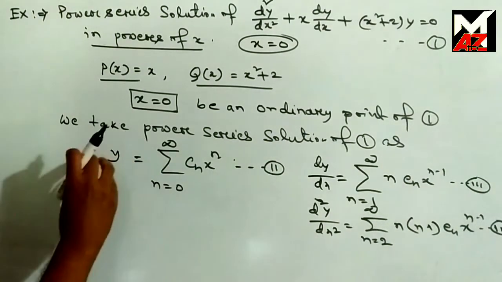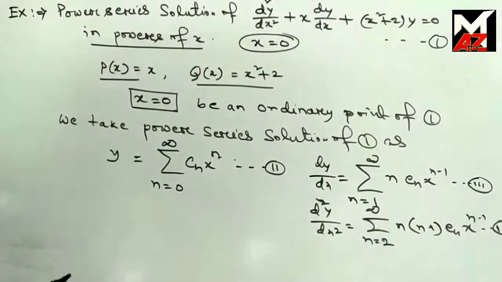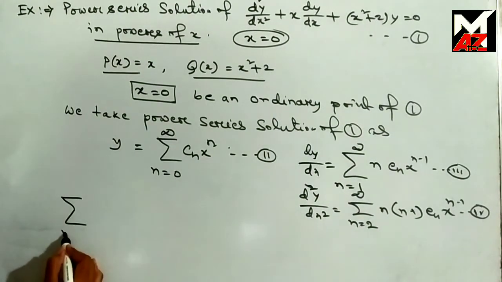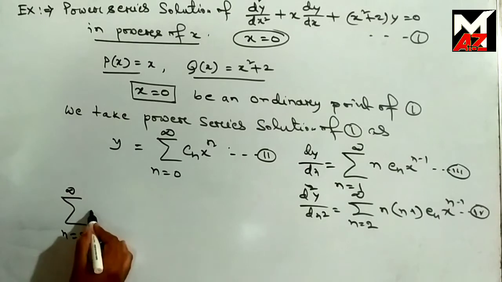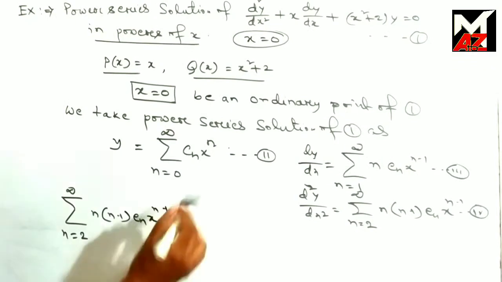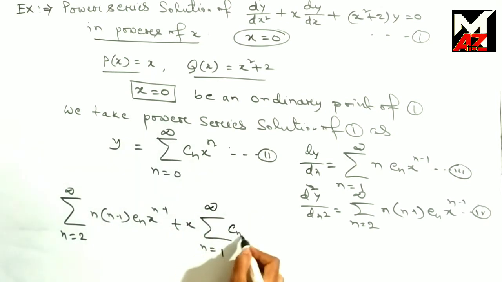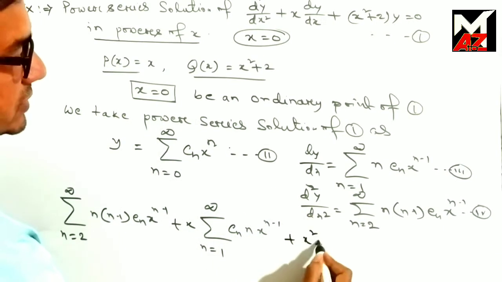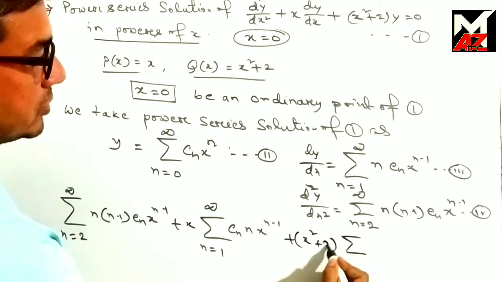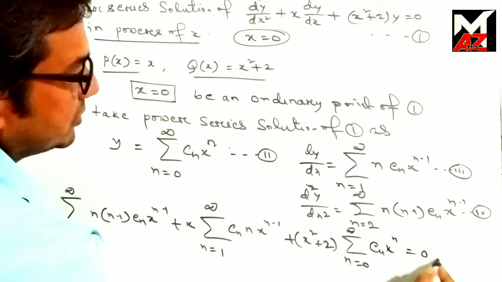Now we put y, dy dx and d2y by dx2 in 1 and we get the result as summation n equal to 2 to infinity n into n minus 1 cn x to the power n minus 2, plus x into summation n equal to 1 to infinity cn into n x to the power n minus 1, plus (x square plus 2) into summation n equal to 0 to infinity cn x to the power n is equal to 0.